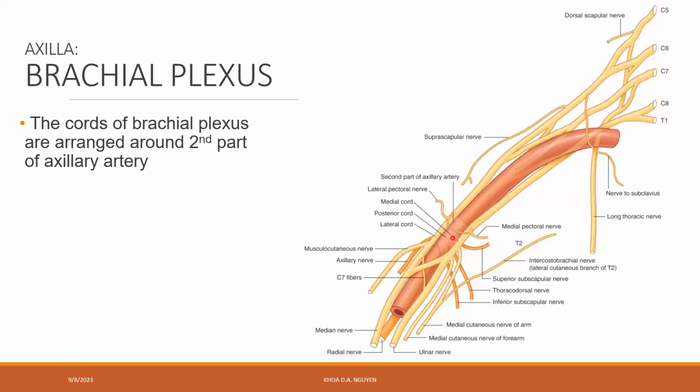The positioning of these three cords is around the axillary artery, as you can see here. There's a lateral cord, which is lateral to the axillary artery, the medial cord, which is medial to the axillary artery, and the posterior cord right here, which is posterior to the axillary artery. Those three cords give rise to five terminal branches: musculocutaneous, the median nerve, the ulnar nerve, the axillary nerve, and finally the radial nerve.